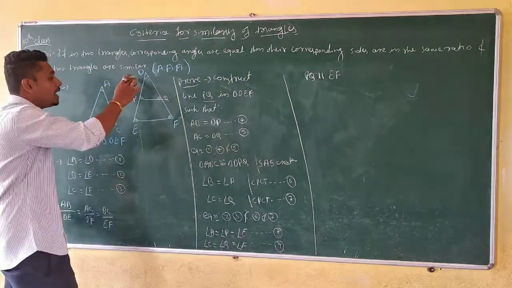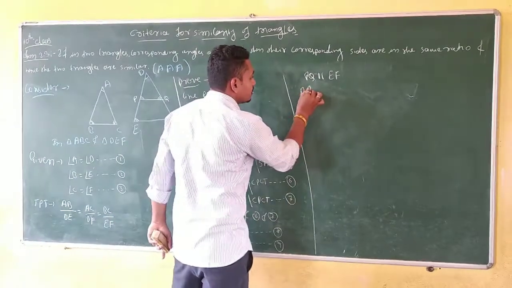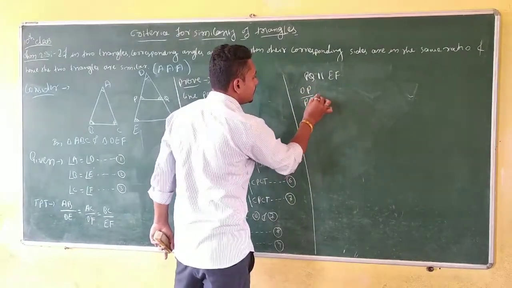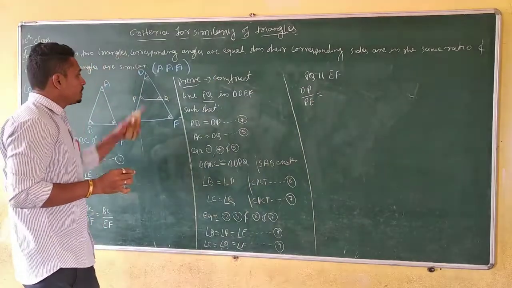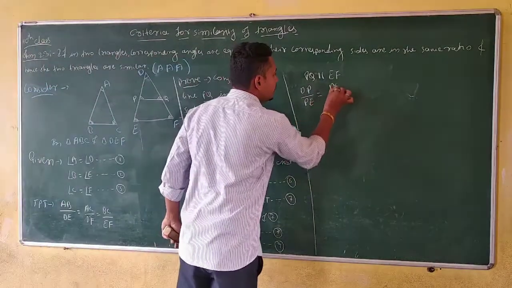So that's why DP divided by PE is equal to DQ divided by QF.